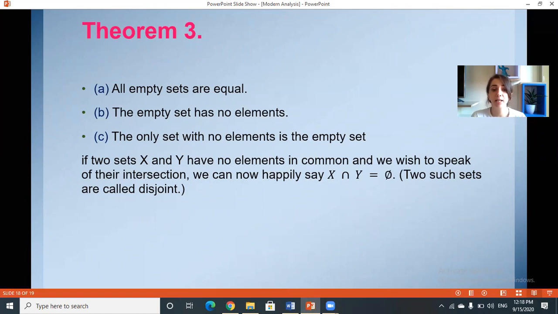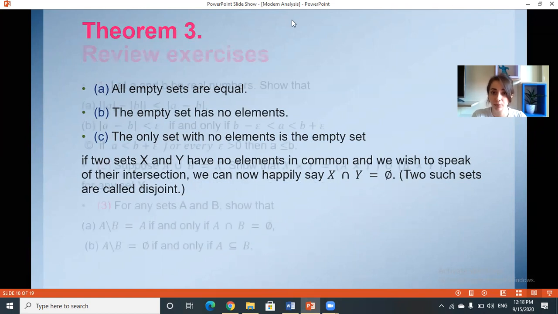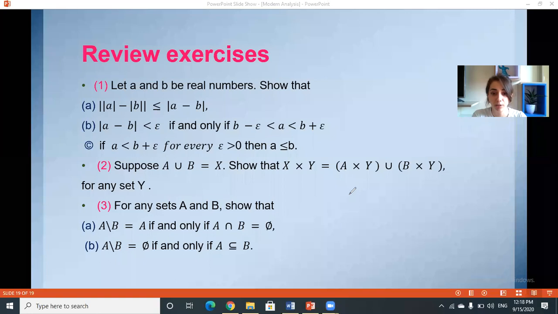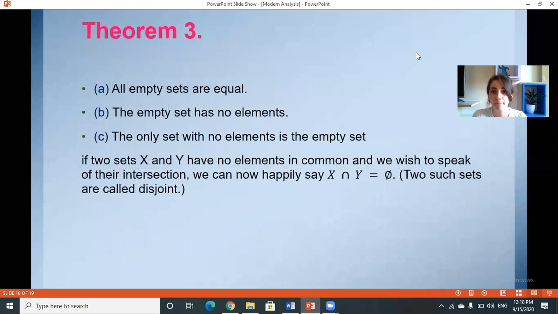If two sets X and Y have no elements in common, we still wish to speak of their intersection. For example, let me give an example. If we have set A, let the elements be a and b.